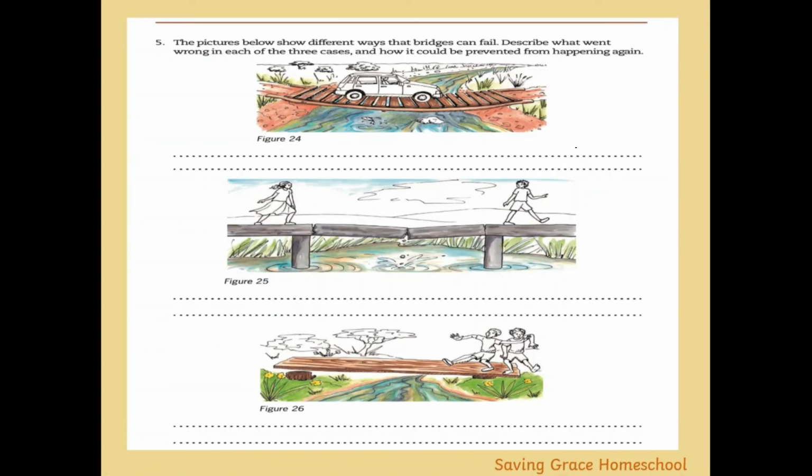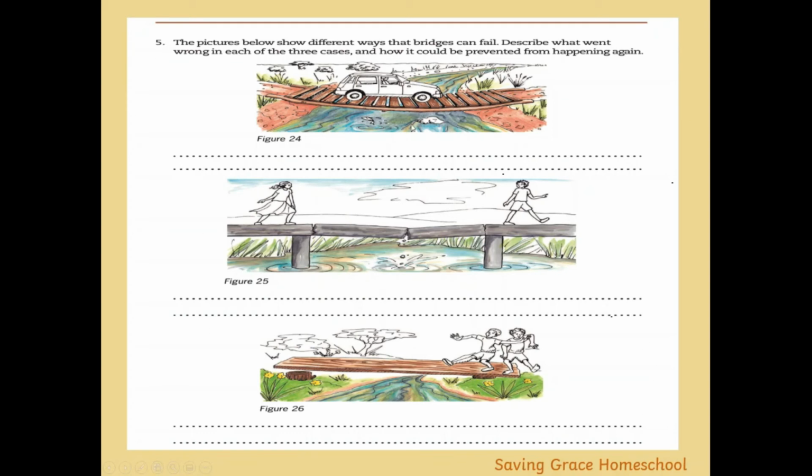So each of these 3 images here shows different ways that bridges can fail. Describe to me what's going to happen in each of these and what's wrong. So from this first figure, we've got a very heavy car going over what is essentially just a beam that's being used as a bridge.